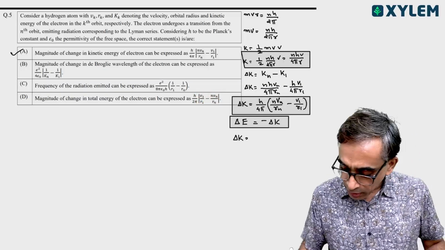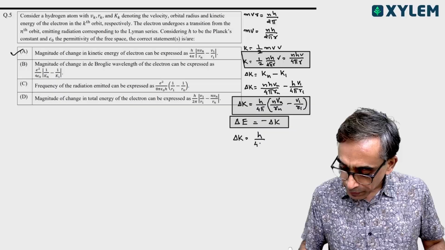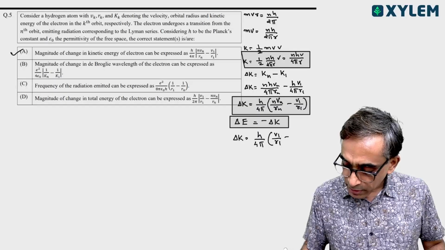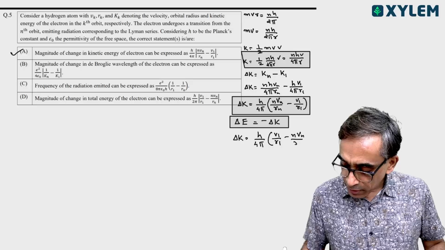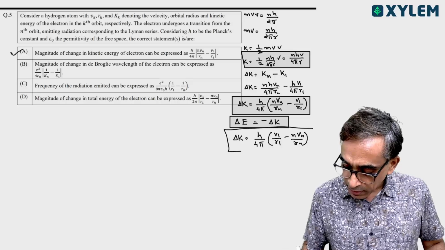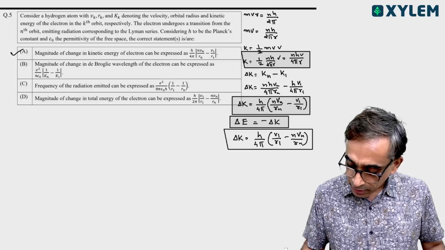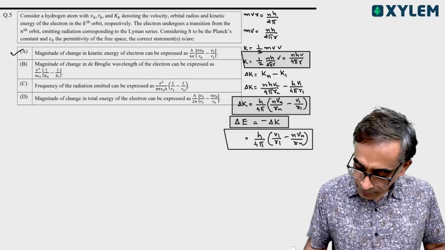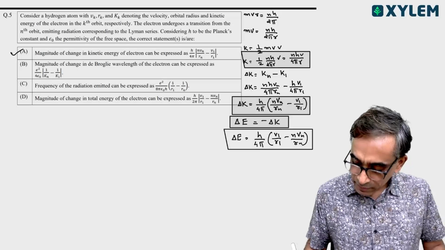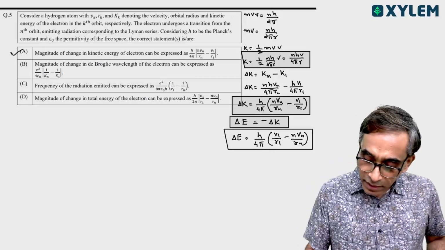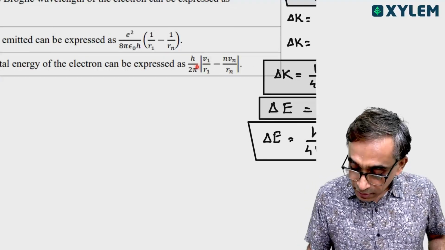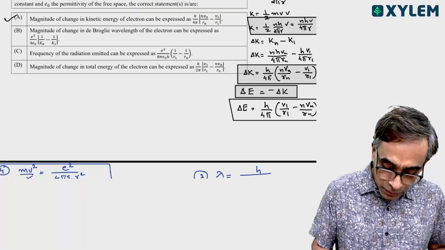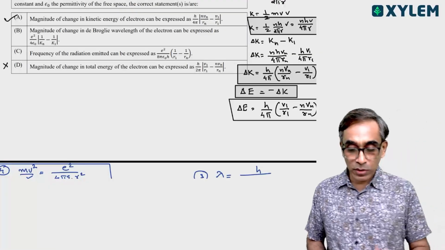If I do that, I should get h by 4 pi bracket v1 by r1 minus n vn divided by rn. This is delta E. I'm sorry, not delta K, it is delta E. But in the given option, you can see that the 4 pi is missing. It is 2 pi. So this option is not correct.